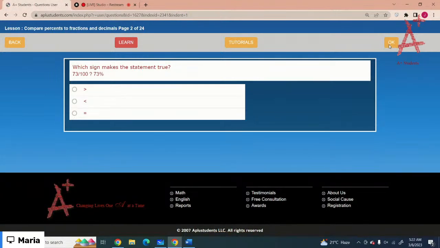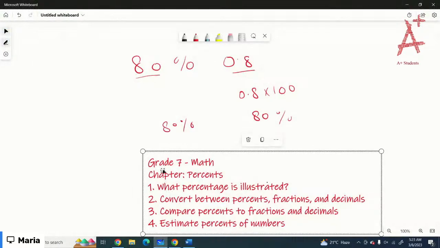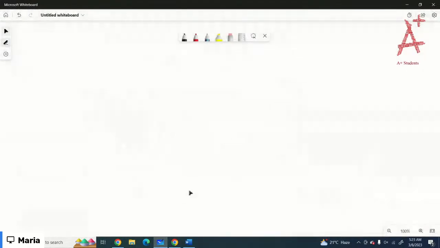Okay, the next one is 73 over 100 and 73%. The amount of zeros is how many places you move the decimal point. Let me explain. Yes, they are equal. 73 over 100, you are dividing by 100. 100 has two zeros, got it?